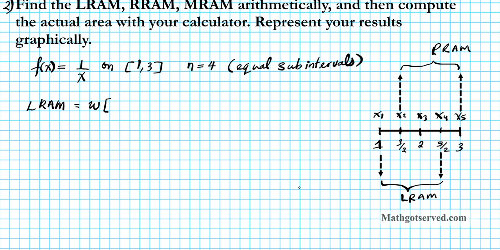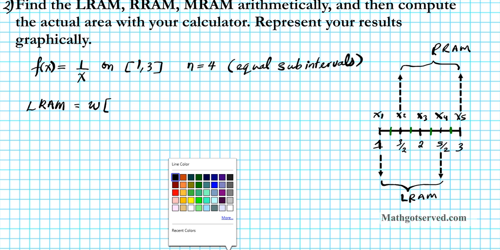For the MRAM, midpoint rectangular approximation, we're going to find the midpoint of all these calibrations we have here. So in between these two, that'll be our first point. 1, 2, 3, 4. Okay? So starting from 5 over 4 all the way to 11 over 4, that will be our MRAM. So let's indicate that graphically.